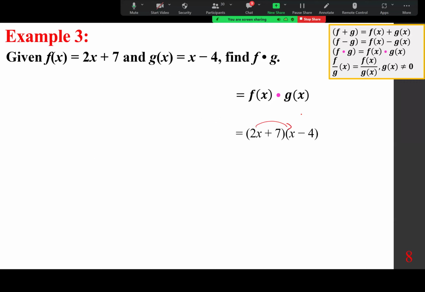So this gives you x squared minus 4x plus 7x minus 28. These two will combine into 3x. The remaining do not change. They remain unchanged, the rest.